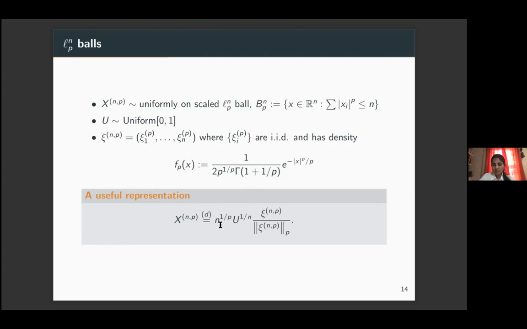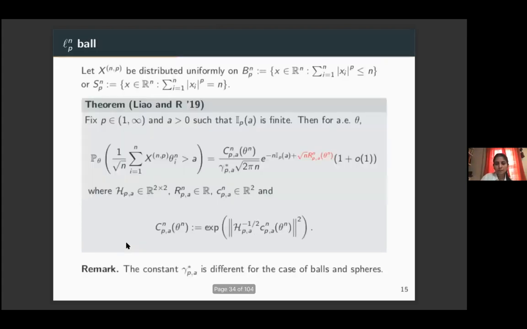Okay, so this is probably well known to many of you, but this representation is very useful because somehow you're looking at this sort of dependent structure, but it's represented in terms of IID random variables, and that's why it facilitates many calculations.